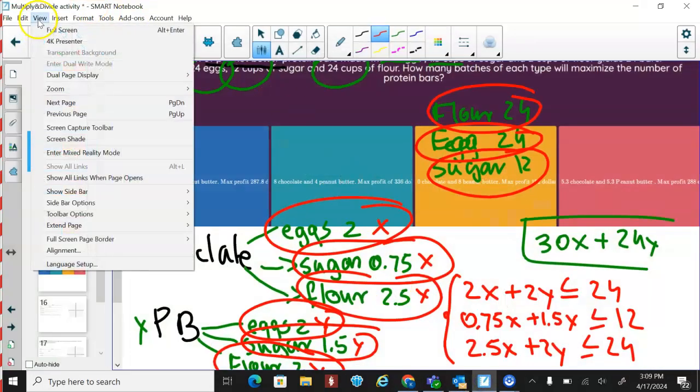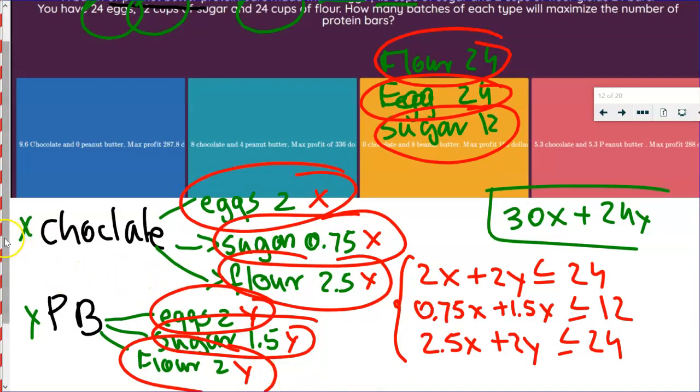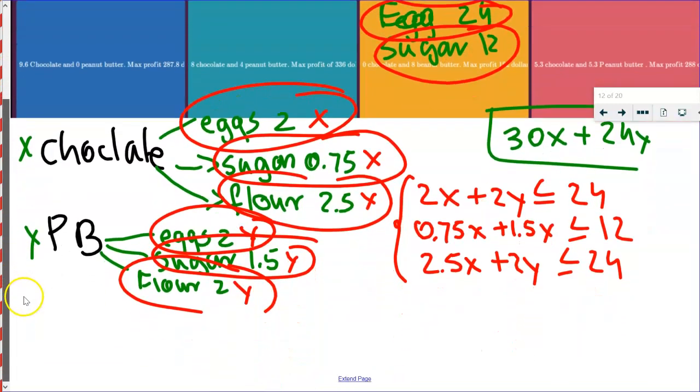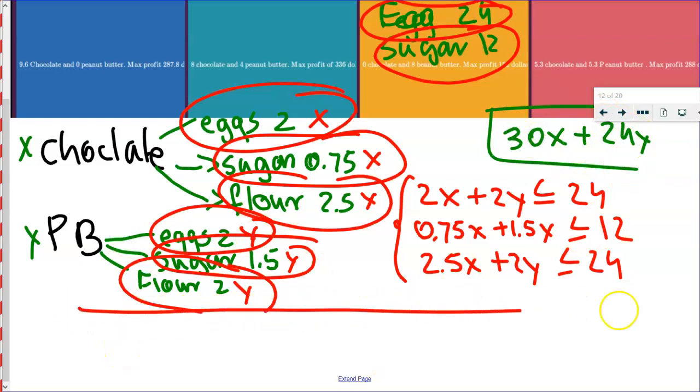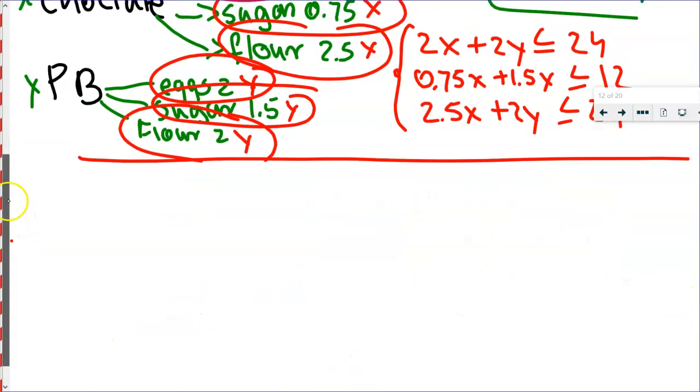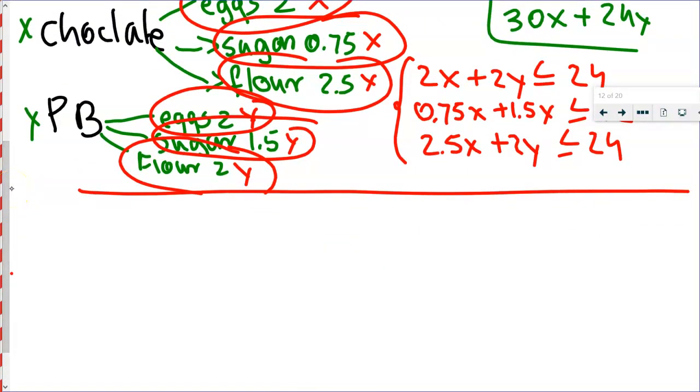So let's get back here. Okay. So my profit equation was 30x plus 24y, which was right here. So the points that I had on the graph, let me look real quick.